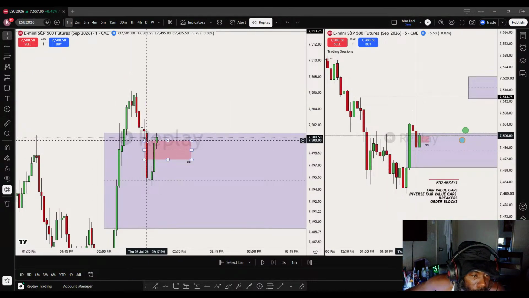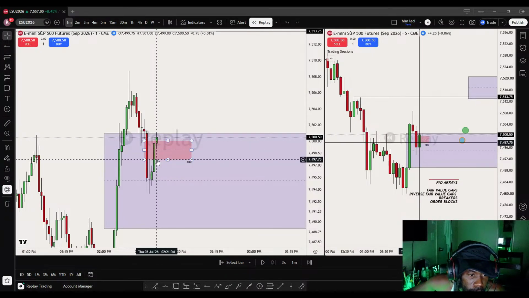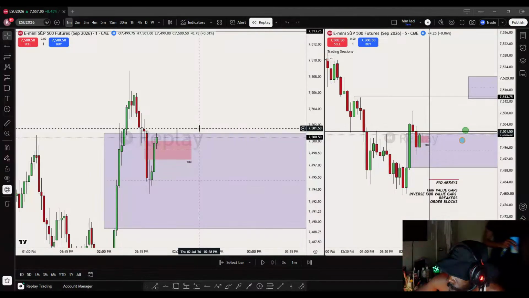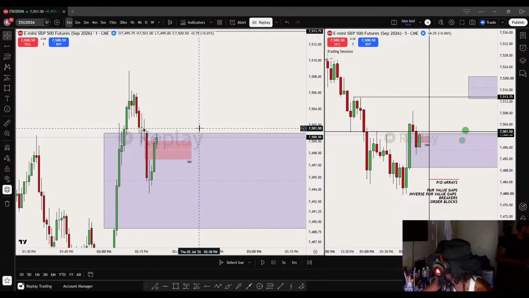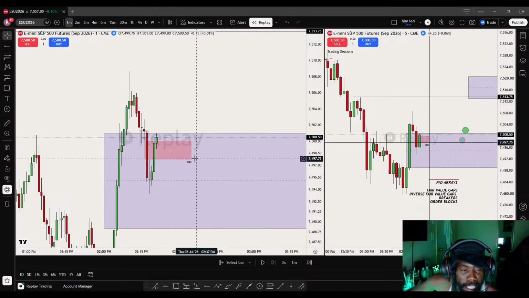So if I was expecting this fair value gap to be bearish and take us lower, but it breaks above and it inverses, what am I expecting now? Yes, all of y'all just said the right thing in y'all own way. That's exactly what I'm expecting.